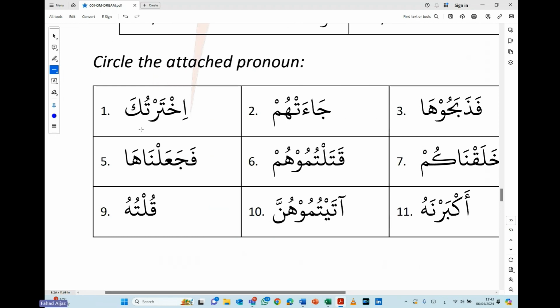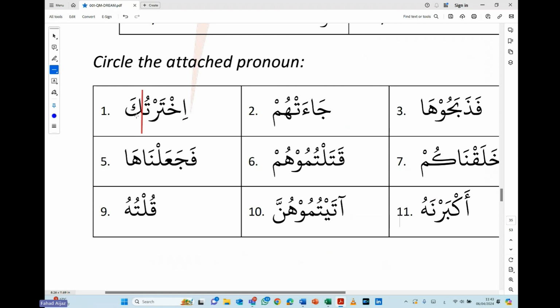So you have to identify which one is the fi'l and which one is the attached pronoun. And when you have identified the fi'l, maybe also identify what the inside doer of that fi'l is. Okay, let's just do two of them. So اخترتك, I'll do this one for you.